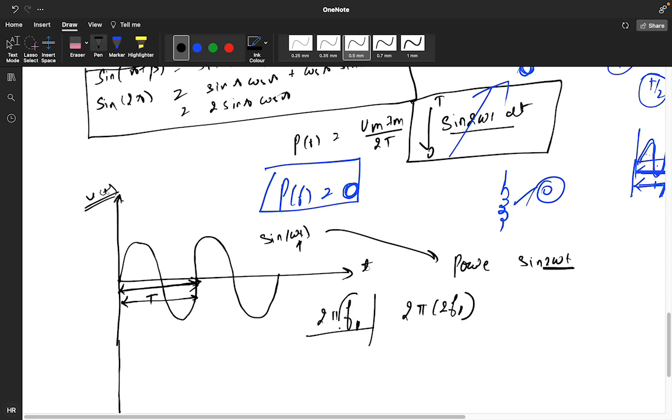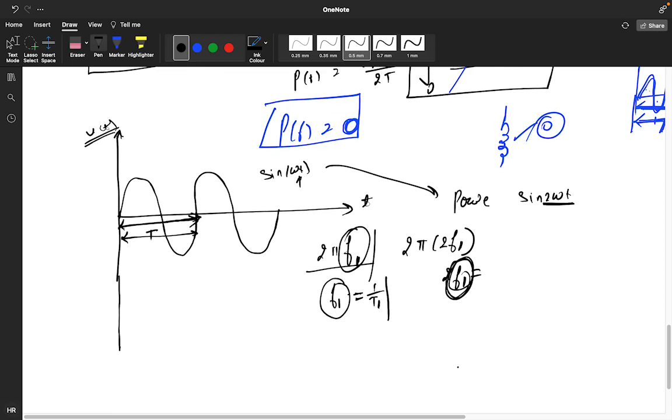So your frequency here is f1, which is nothing but f1 is equal to 1 by T1. Now your frequency is 2f1. This particular 2f1 frequency is getting double.